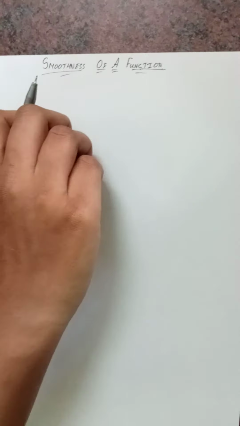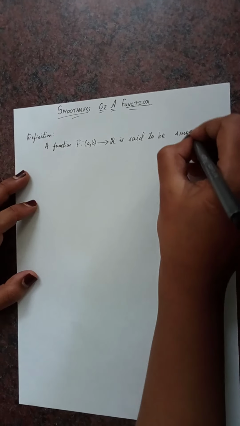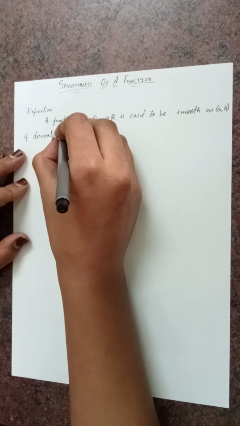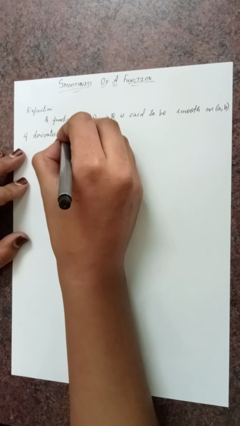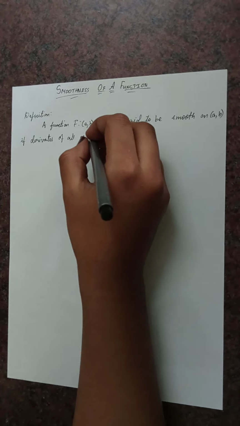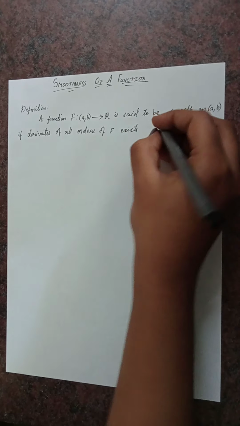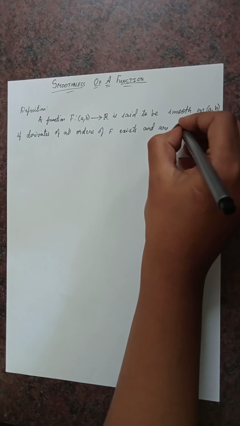A function f from a comma b to real numbers R is said to be smooth on a comma b if derivatives of all orders of f exist and are continuous in a comma b.